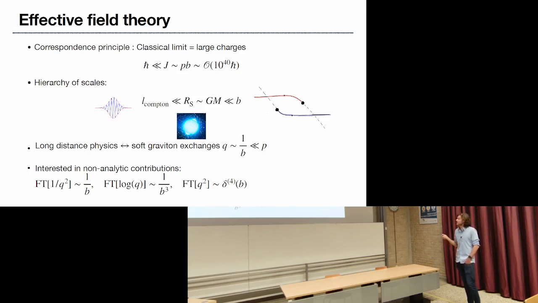The classical limit, which we eventually want to take, is dictated by the correspondence principle. We have a very strong hierarchy of scales. Basically, the angular momentum of the system is very large. This is really, if you go to natural units, you will have something like 10 to the 40 orders in this parameter. So the natural expansion is really in small j. The hierarchy of scales can also be phrased as having a small Compton wavelength with respect to the Schwarzschild radius, which in turn should be much smaller than the impact parameter to have perturbative expansion.